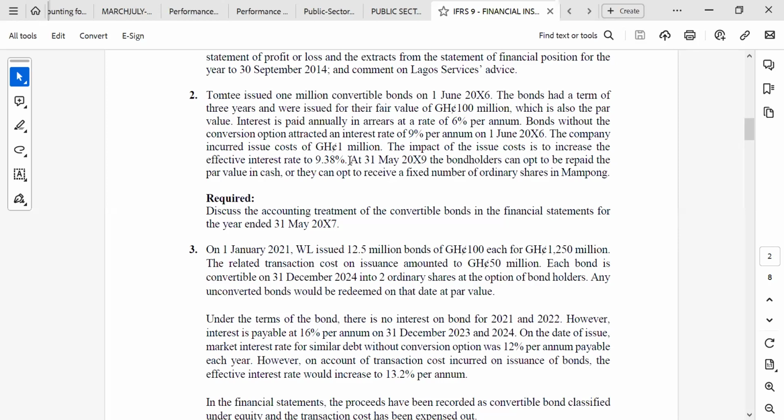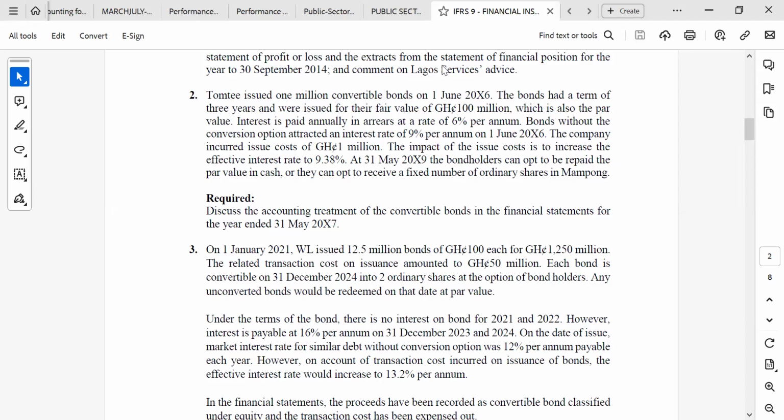You can see that the impact of the issue cost is to increase the effective interest rate to 9.38. After we have apportioned the issuing cost to the debt instrument, the issuing cost has to increase the effective interest rate.